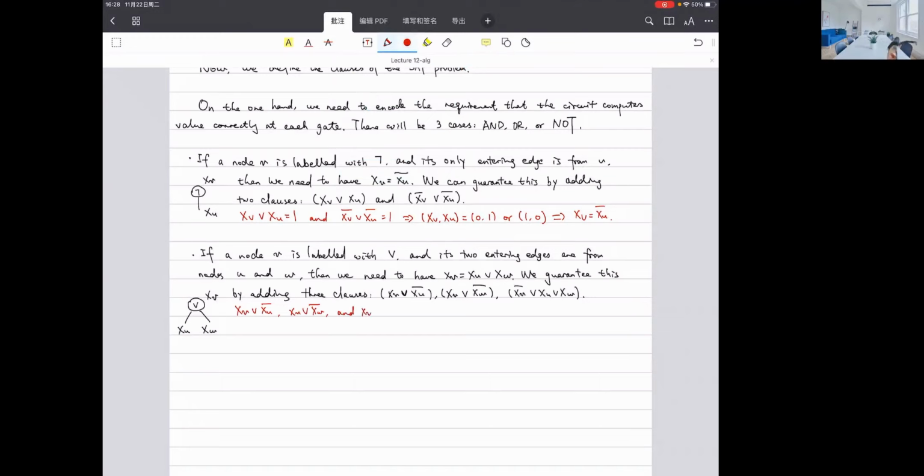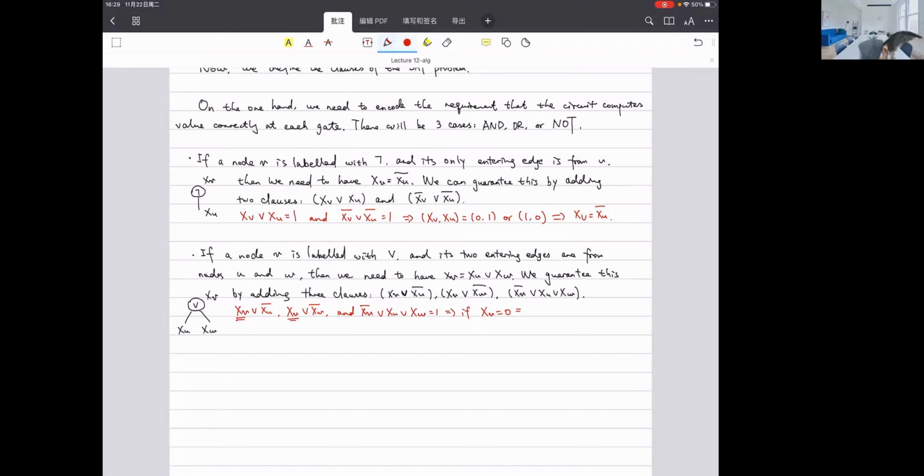And not XV. So we consider something like this. So if XV equals 0, so this is 0 and this is also an XV here. And XV here is 0.